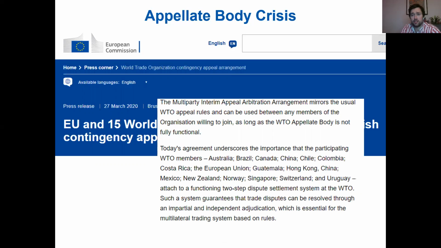There are many questions that are still there, but the framework is clear. It is framed under Article 25 of the DSU, arbitration. Indeed, parties can refer disputes to arbitration, and the goal is to use the mechanism that would resemble the features of the appellate review under the DSU as much as possible.